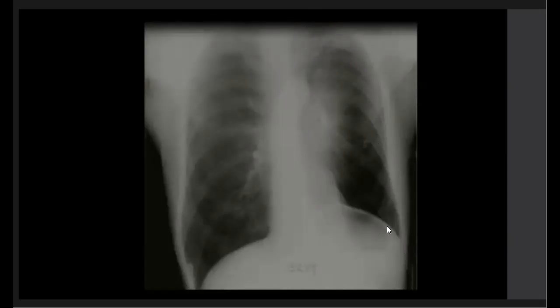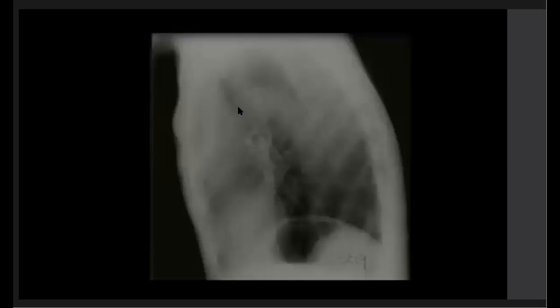You also see the secondary signs of collapse, elevation of the left hemidiaphragm, and we see here the mass lesion in the anterior segment of the left upper lobe.